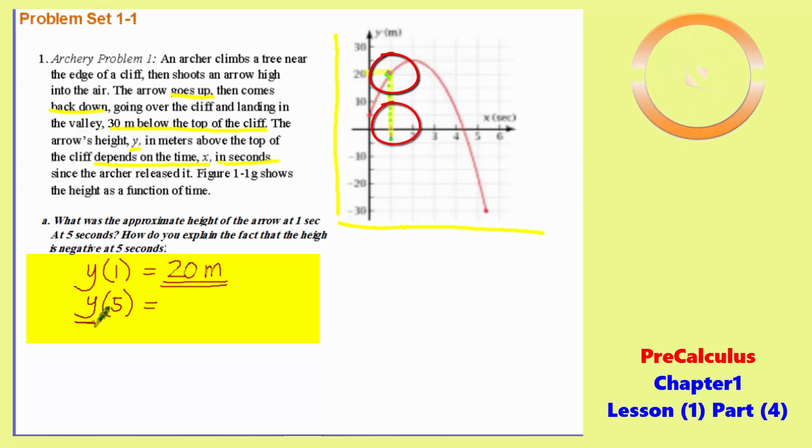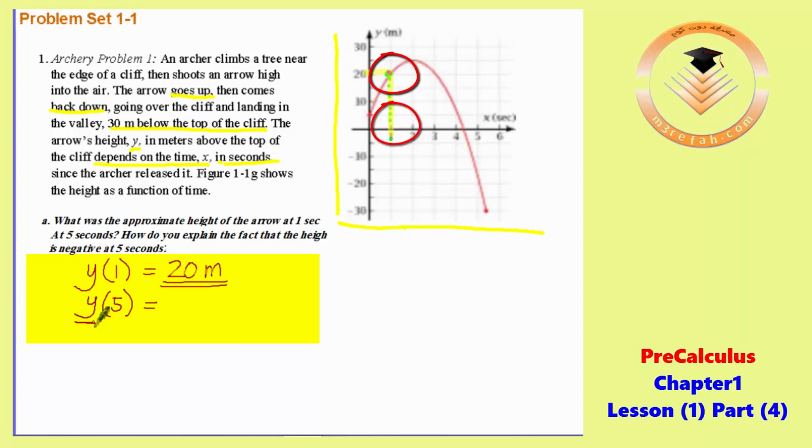It's just substitution. You're substituting x values to get the y values. So where is x equal to 5 seconds? You can find it here.